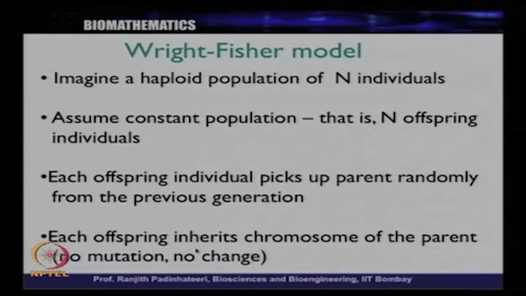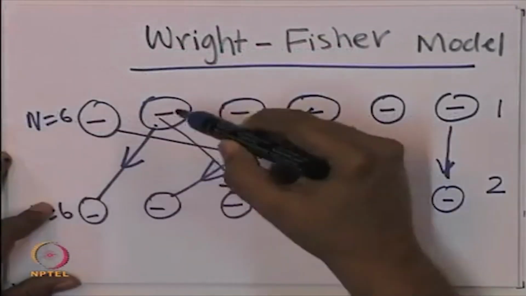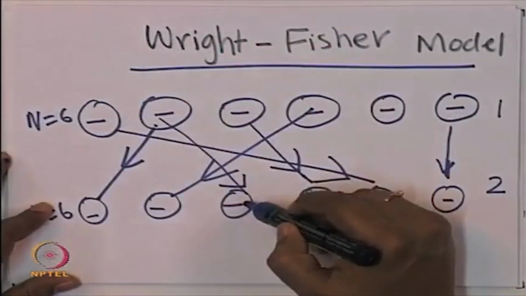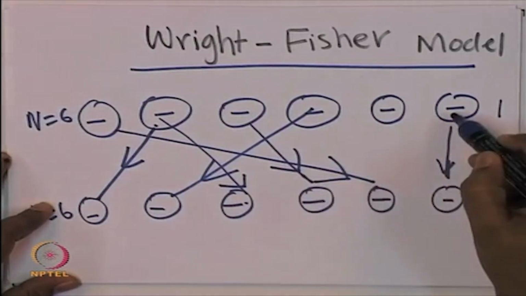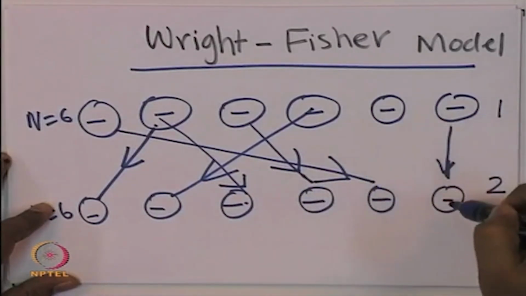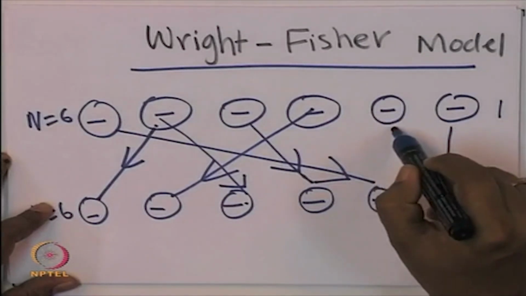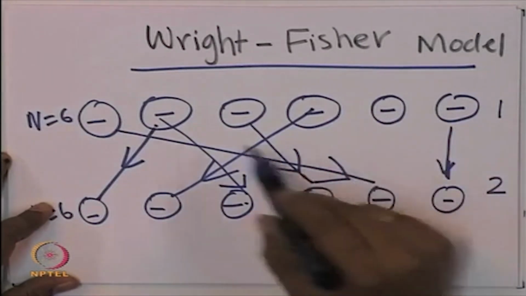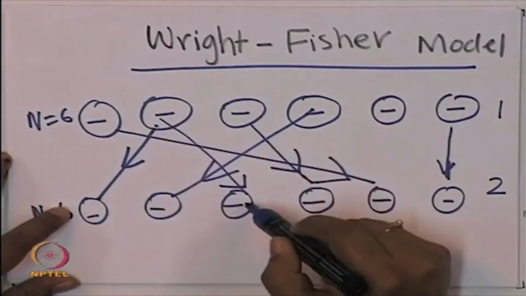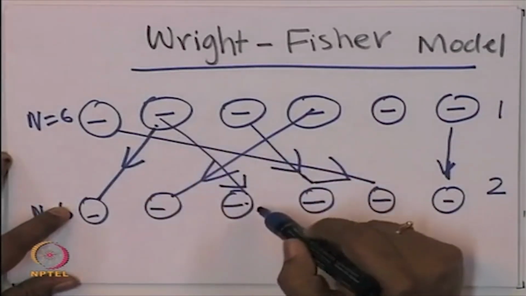So whatever be the DNA, whatever be the chromosome of this particular parent, it will be exactly transferred to this offspring. Whatever chromosome of this parent, it will be exactly transferred. But look here, this particular parent has no child. This parent has 2 children, or 2 offspring individuals.